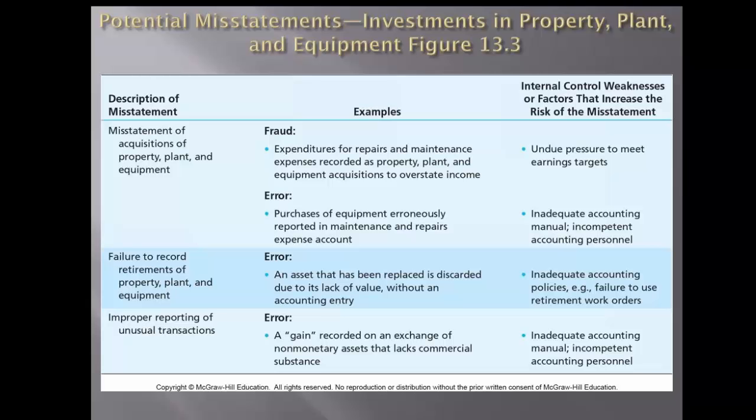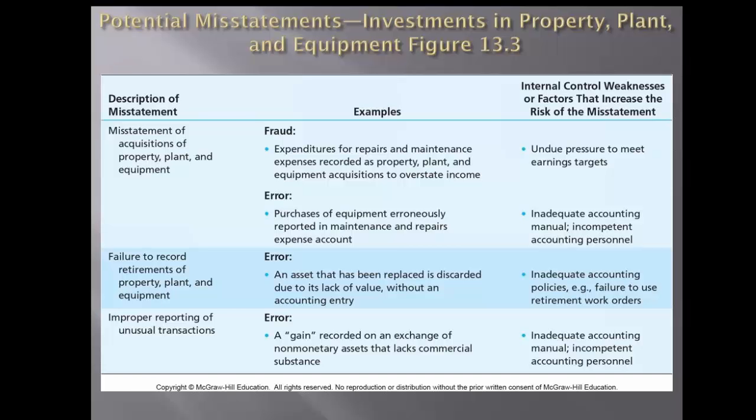Okay, potential misstatements, very interesting. What we're looking at at the top here is a description of the misstatement, examples, and then the internal control weaknesses. So what we're attempting to do here is focus on what is taking place within the organization over property, plant, and equipment as it relates to misstatements due to fraud or errors.